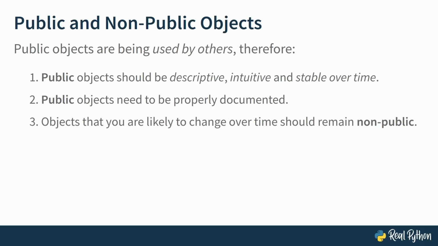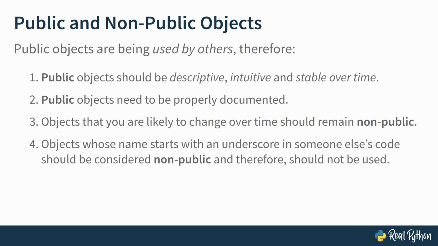Therefore, objects that you are likely to change over time should remain non-public, such that no third party uses those objects, and therefore, when you change them, their code doesn't break. And then lastly, for you as a user, objects whose names start with an underscore or multiple underscores in someone else's code should be considered non-public and therefore should not be used.